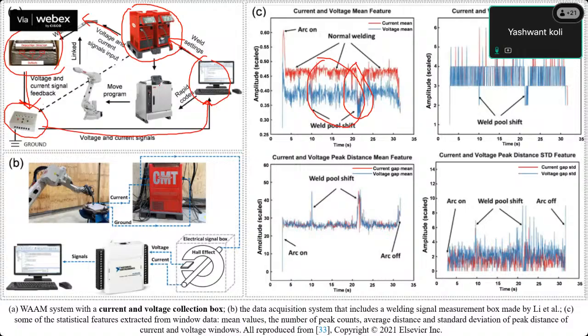The key applications are like porosity detection. That is achieved by analyzing distortion in the voltage parameter relationship. If the voltage parameter relationship is distorted, then we can assume porosity is present.